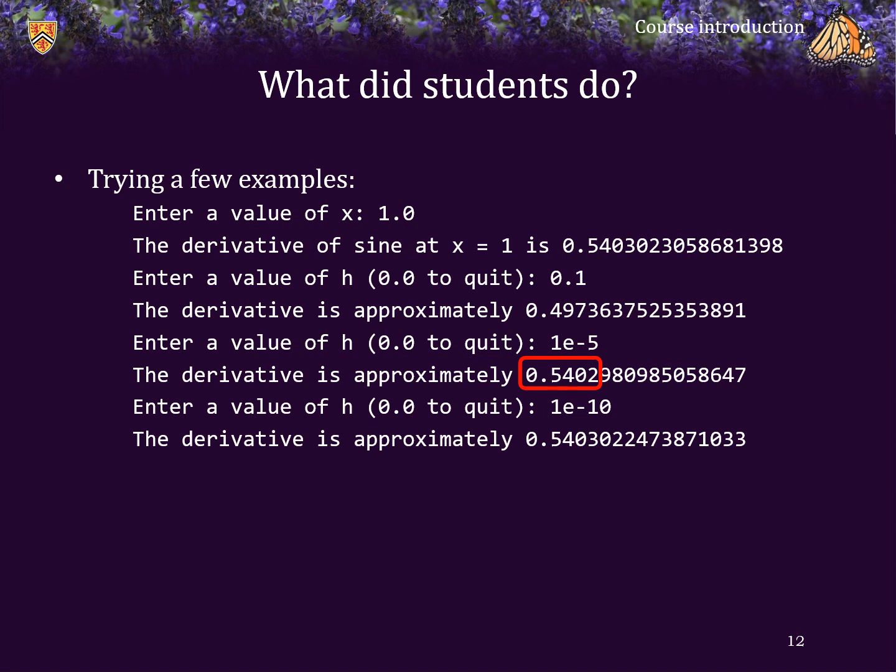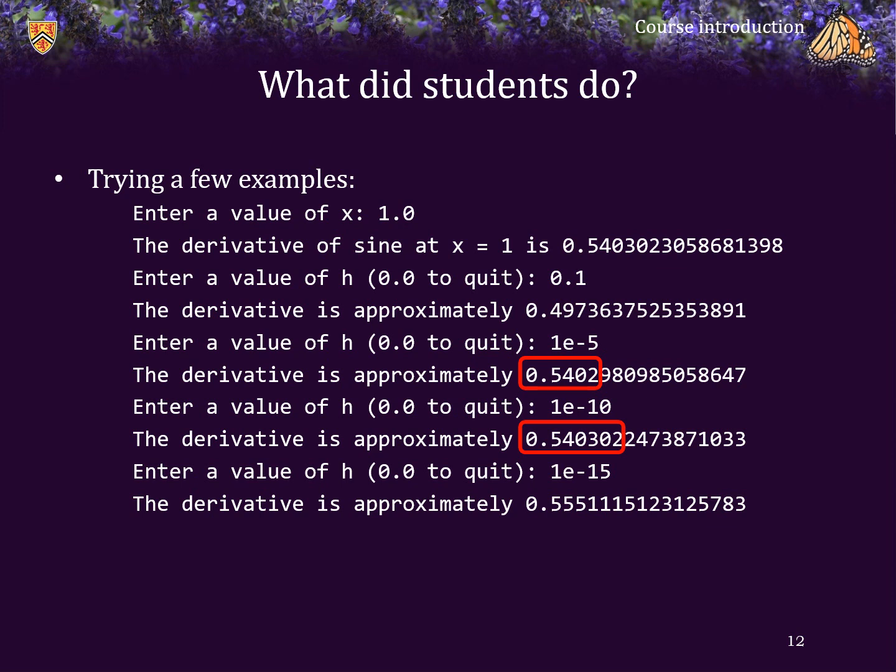If we use an even smaller value of h, here 10 to the negative 10, notice that we have even more digits that are correct. So we seem to be doing better and better as h gets smaller and smaller. So in theory, as h becomes very small, we should get a very accurate answer.